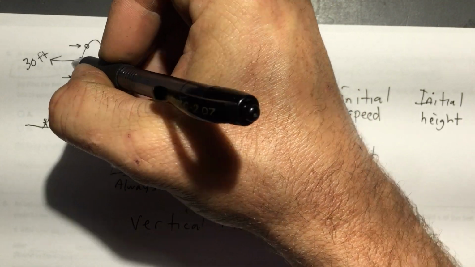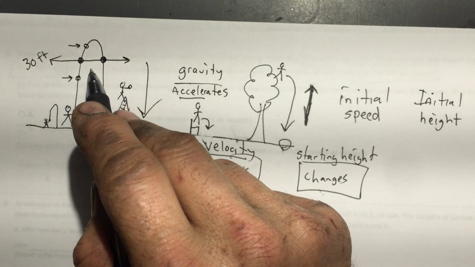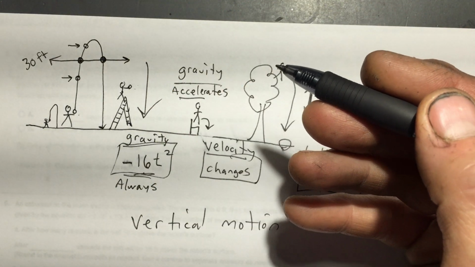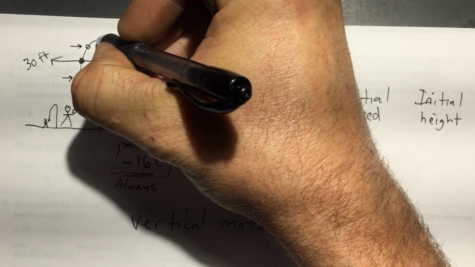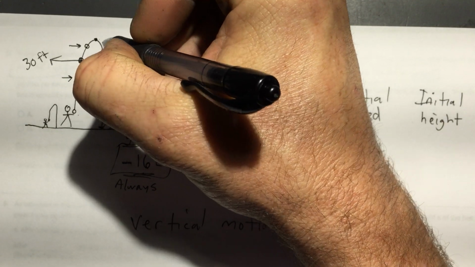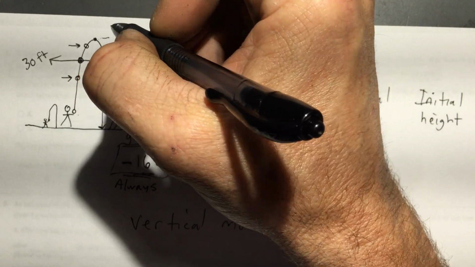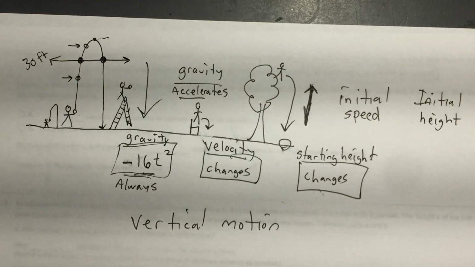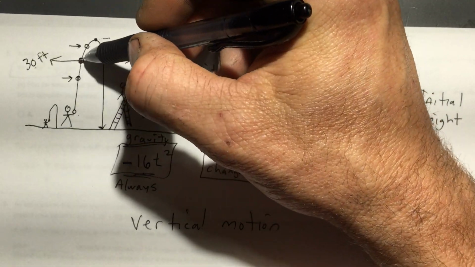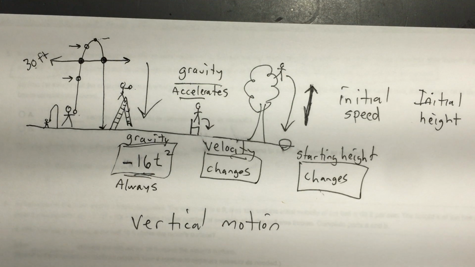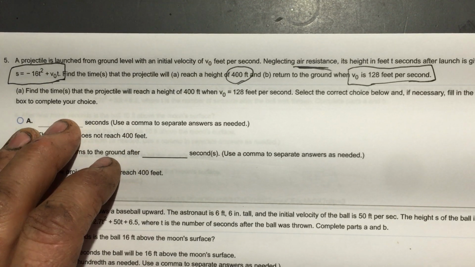So there's 2 instances where the ball could be 30 feet high. So that's why there would be 2 answers on this sometimes. Now, if you look at the max height, the ball is just there once. So here you would just have 1 answer. I don't know if we'll have one like that or not, but it's possible. But most times, at a certain height level, you have 2 answers. So we want to understand that. And that's what we might have on this one here. I'm not sure.